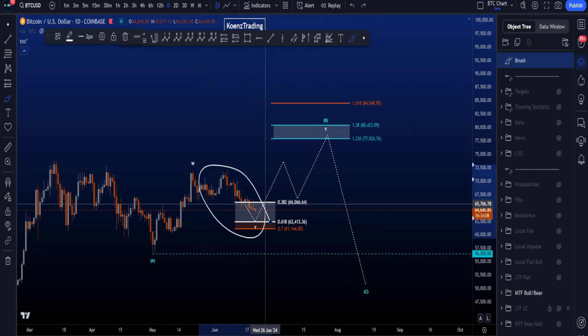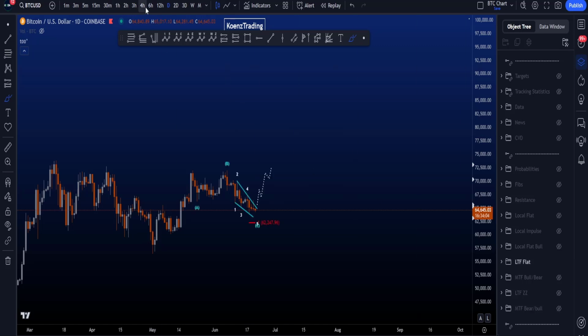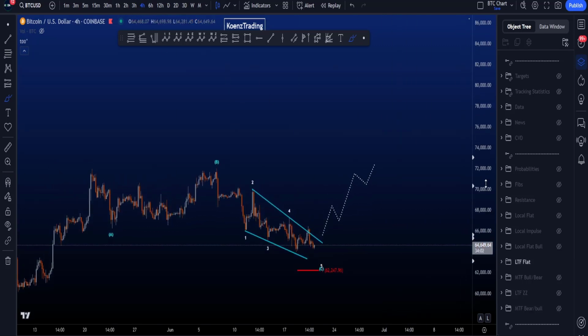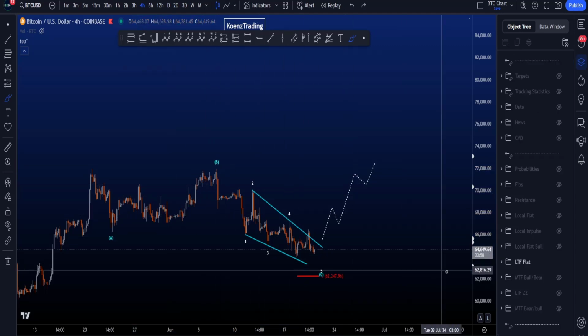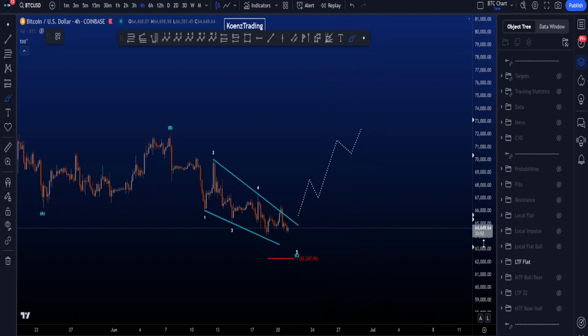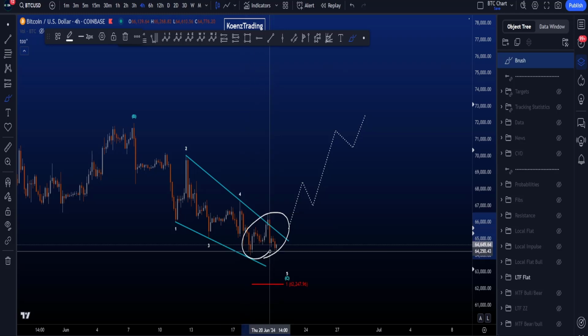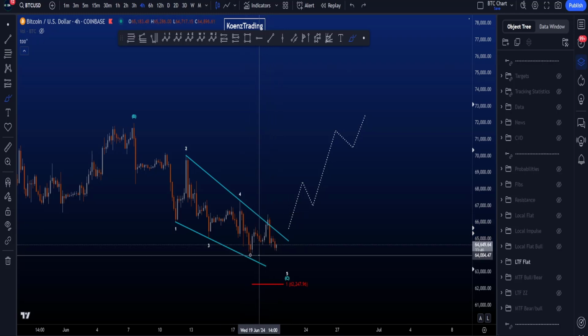Inside this wave X, we then also need to count a 3-wave corrective structure, which is a flat in this case. A 3-wave A followed by a 3-wave B and a 5-wave diagonal to the downside in a wave C. Here, preferably, your diagonal is not yet finished because locally it is difficult to count this move towards the upside as an impulse, and the probabilities are still higher to take out this low.